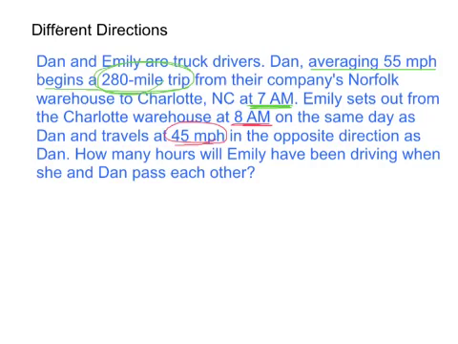Basically, what is happening in this problem is that we have the distance from Norfolk to Charlotte. We know that this distance is going to be 280 miles, from one city to another.